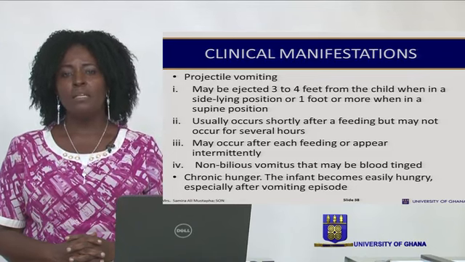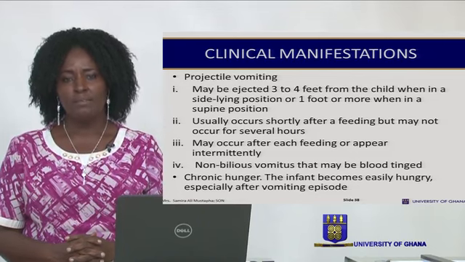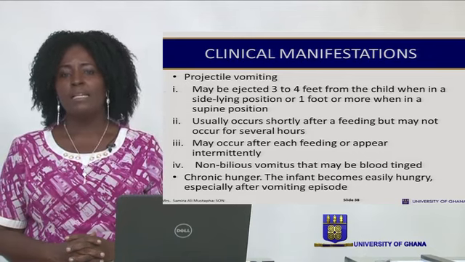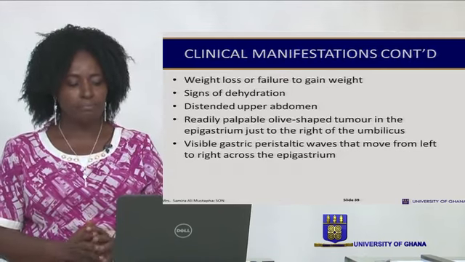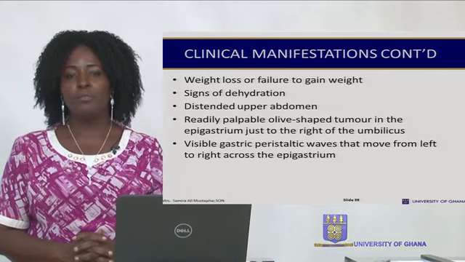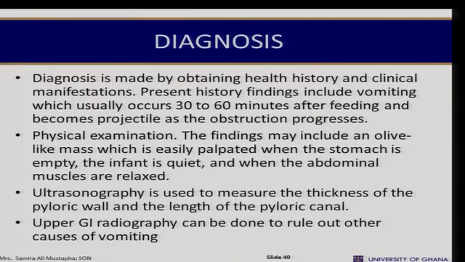Non-bilious vomitus that may be blood-tinged may occur, and with chronic hunger the infant becomes easily hungry, especially after vomiting episodes. So there is failure to thrive, some degree of dehydration, and visible gastric peristalsis because of the thickening that occurs in the muscles of the stomach and even at the epigastrium.